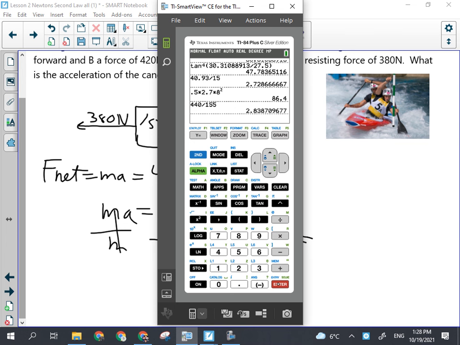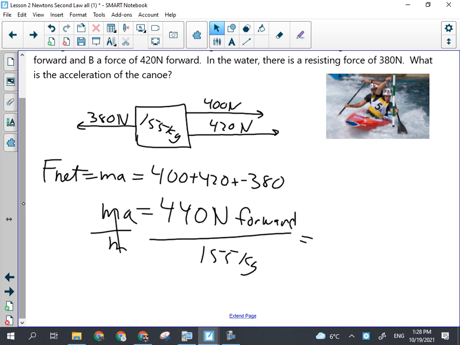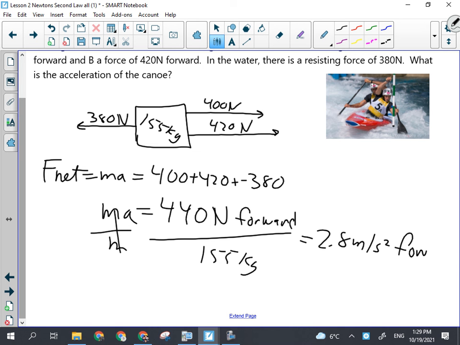Okay, so this canoe is going to be accelerating at 2.84 meters per second squared, right? We only have two significant figures, so 2.8 meters per second squared forward. There's an R in that word.